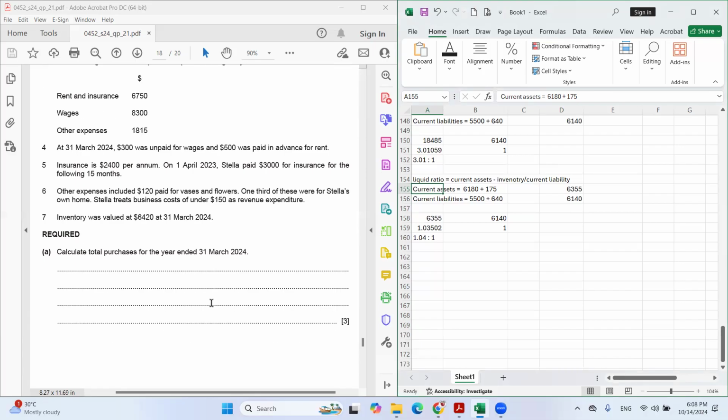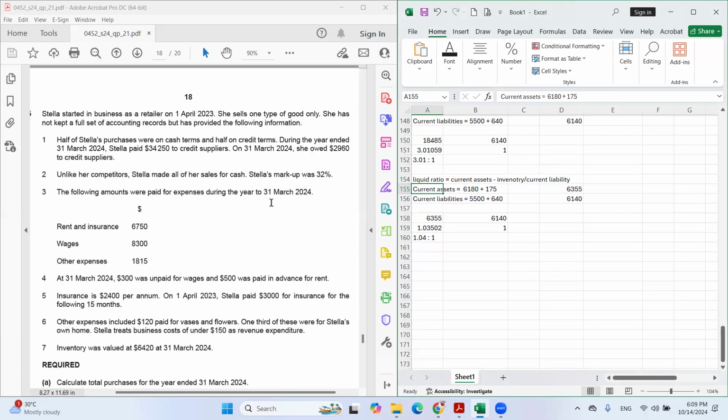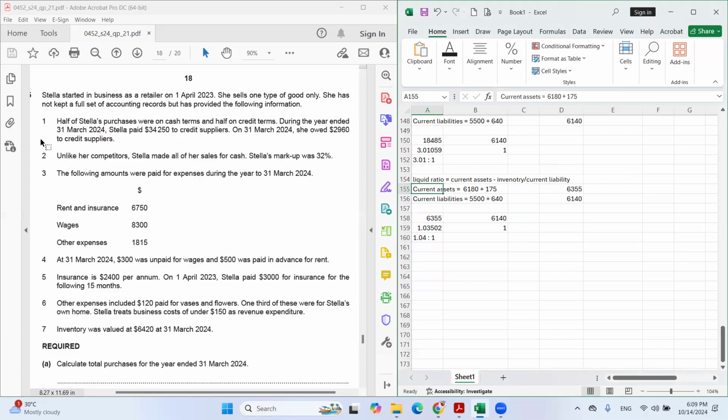What is the question they asked for? Here, they say calculate the total purchases for the year. So the purchases are related from the question in here. They say that half of Stella's purchases were on cash and half on credit. During the year, she paid what she owed, that means you want to find the purchases, the trade payable.